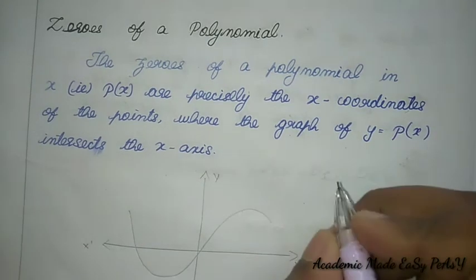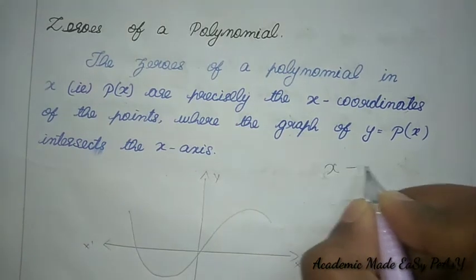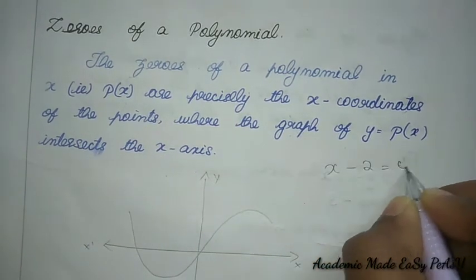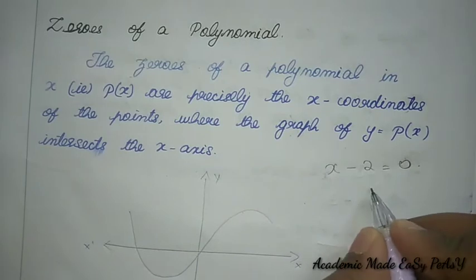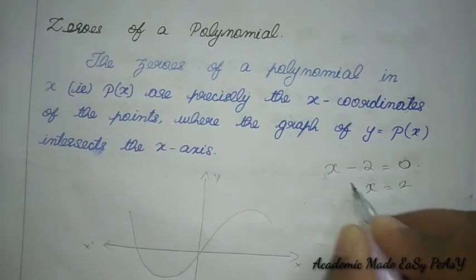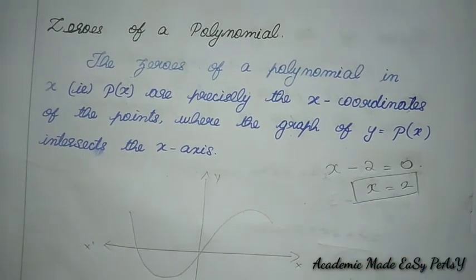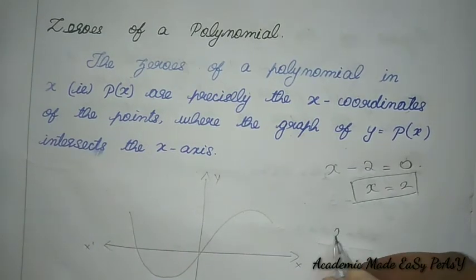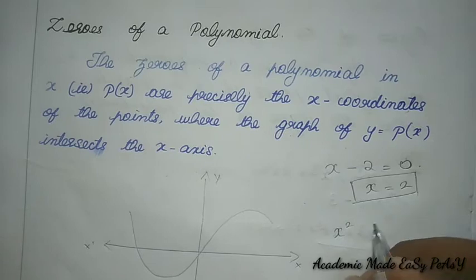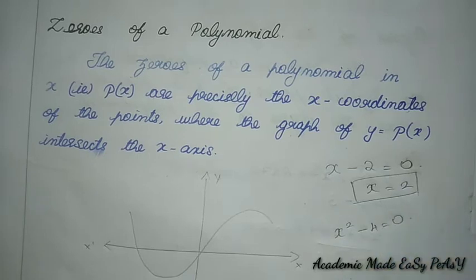Now, for example, if I have x minus 2 is equal to 0, I will be finding x is equal to 2. So this is the zero of the polynomial. Next, if I go with quadratic polynomials, I have x square minus 4 is equal to 0.